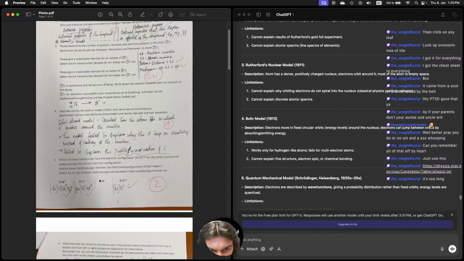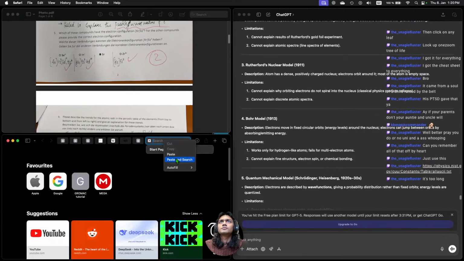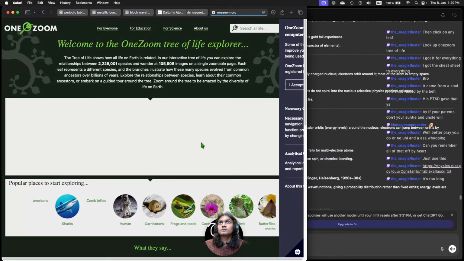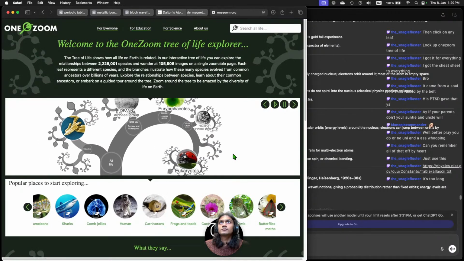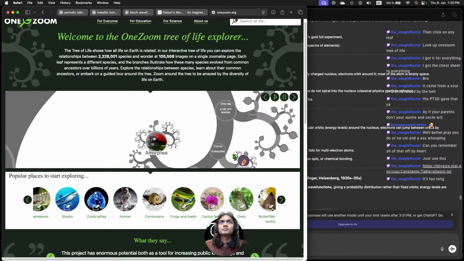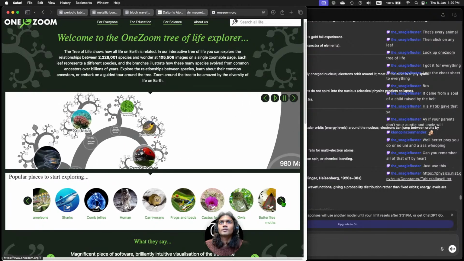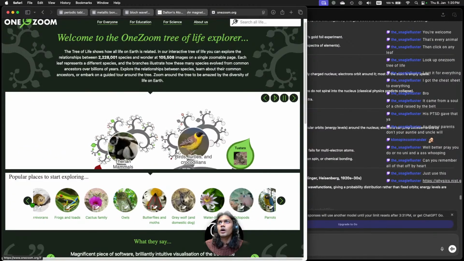Look up One Zoom Tree of Life. Wow, wow, wow.